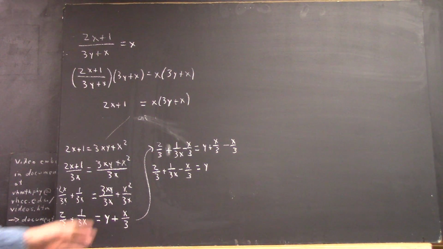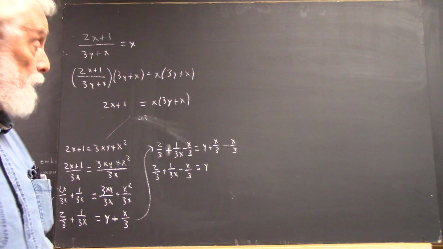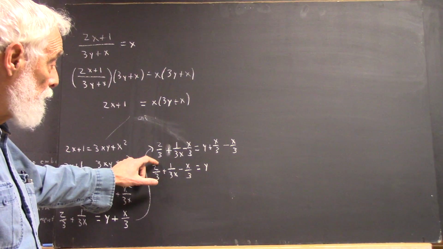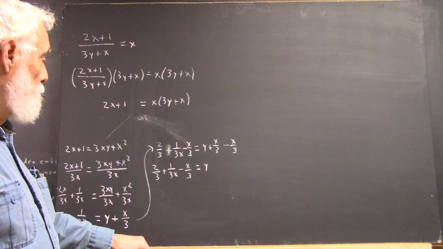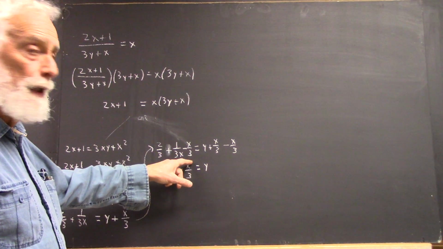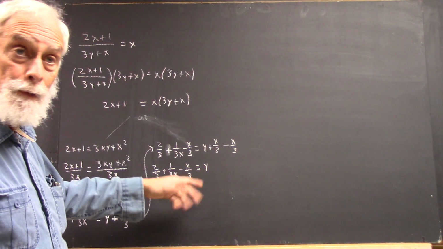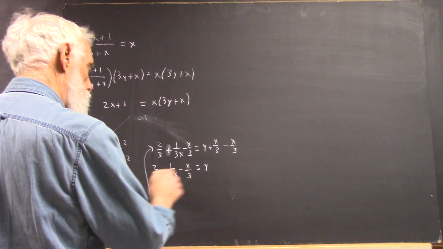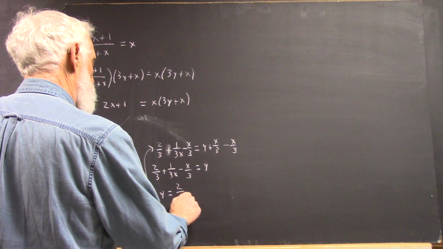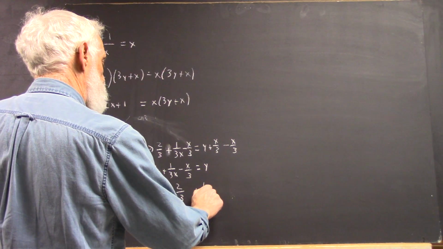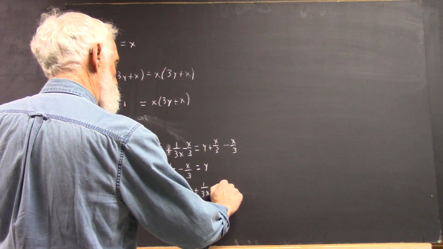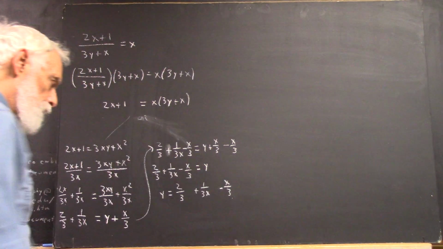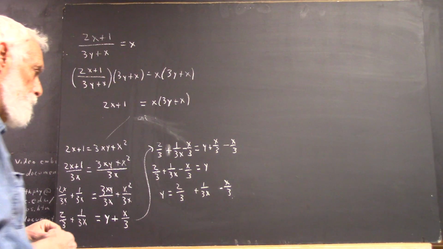And we could put this all over a common denominator. Common denominator would be 3x, right? So we multiply the 2/3 by x over x. We'd multiply the x over 3 by x over x, right? Well, let's go ahead and do that. I'm going to switch sides here. I'm going to put the y over here and all this over here. It's 2/3 plus 1 over 3x minus x over 3. Now we know what to do because we talked about this earlier.